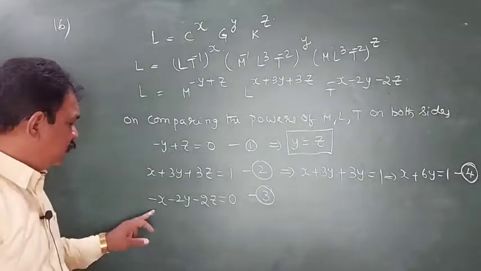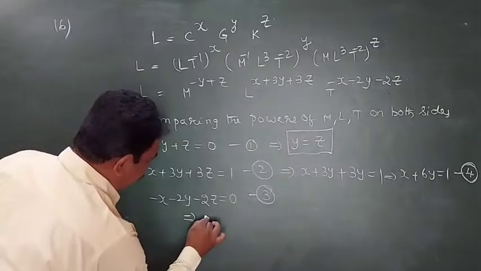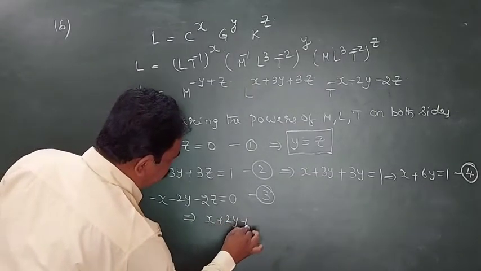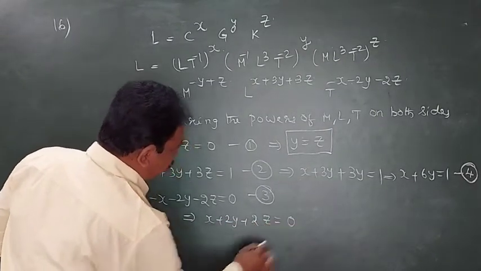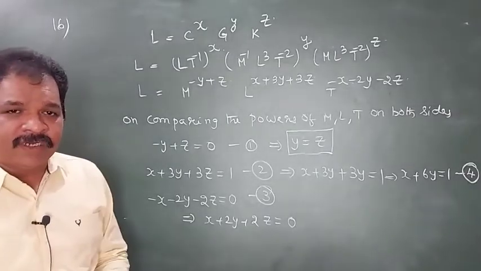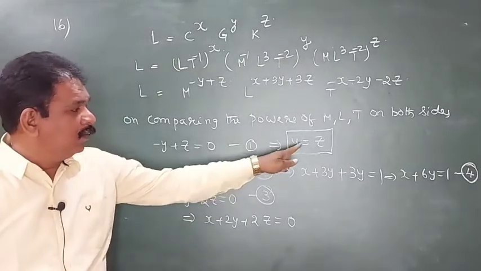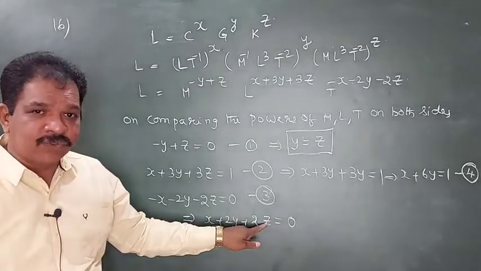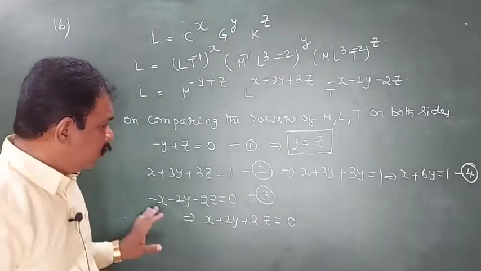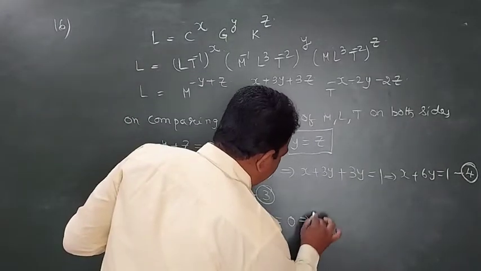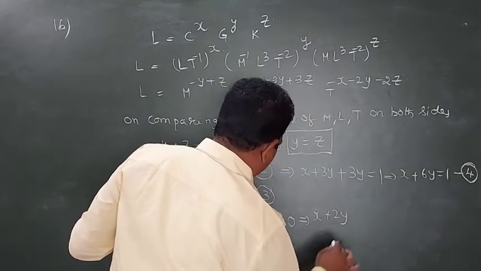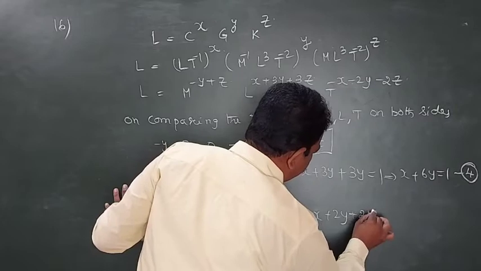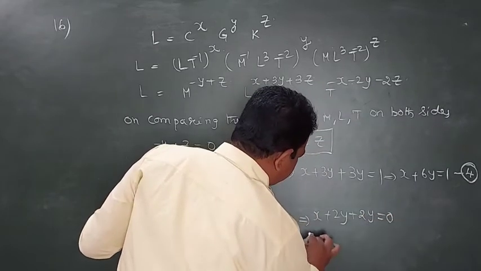In this, the minus we will remove. X plus 2Y plus 2Z is equal to 0. We got Z is equal to Y. In the place here you substitute Z is equal to Y. So what we will get? X plus 2Y plus 2Y is equal to 0.